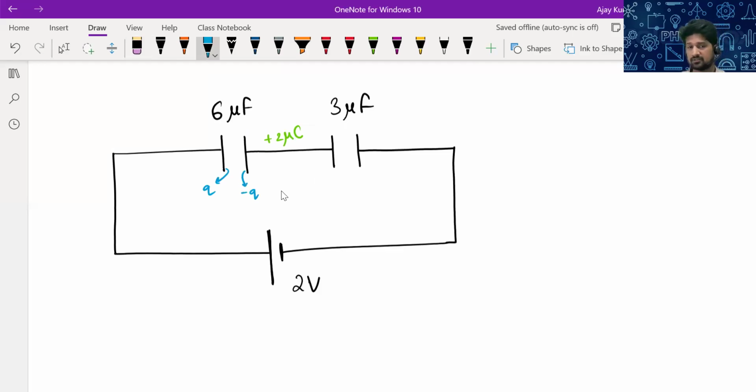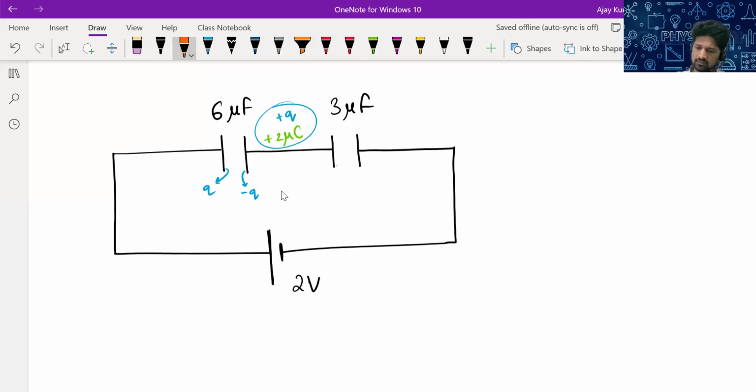Now where will that minus Q come from? Induced charge. This plus Q, you can say, is being delivered by the battery from the other side. That plus Q will attract this minus Q. So we call it induced charge. Fine. If a minus Q is appearing here, then the remaining charge in this isolated region is 2 plus Q, 2 microcoulombs plus Q. That will have to appear on the other side.